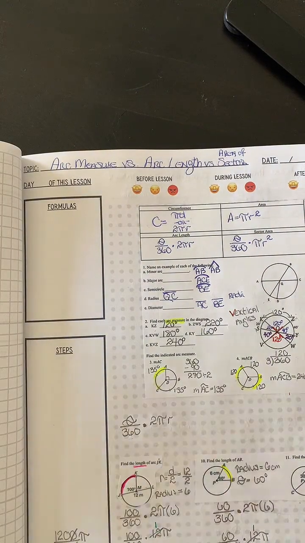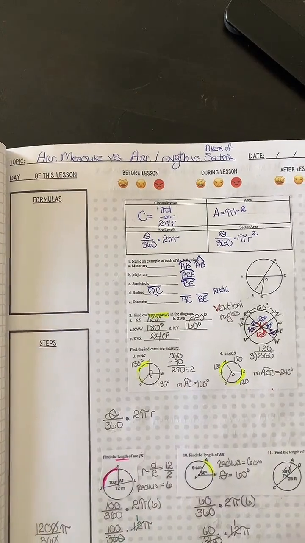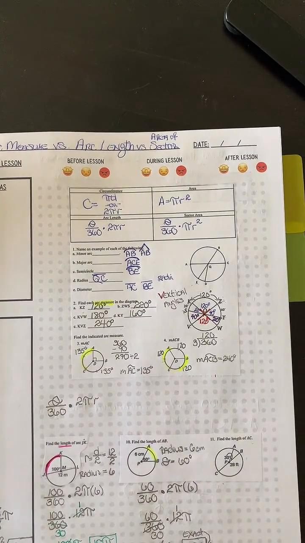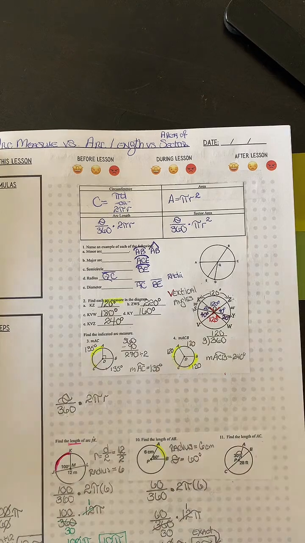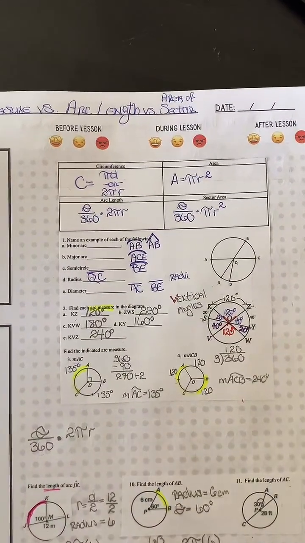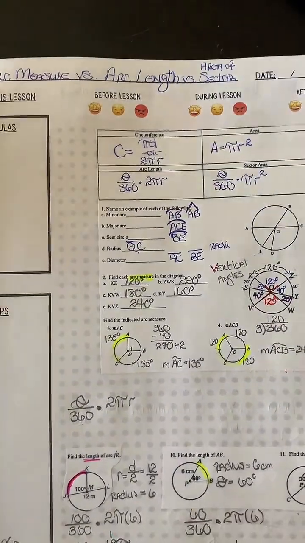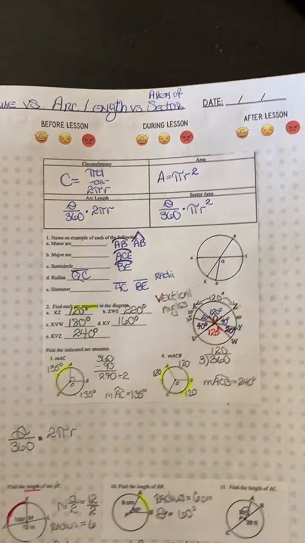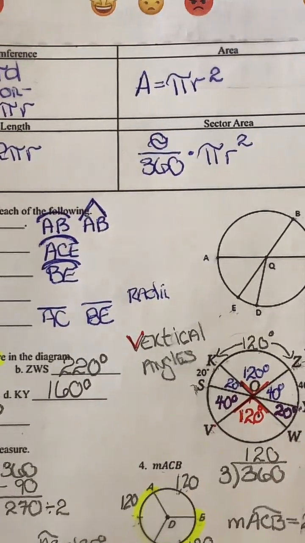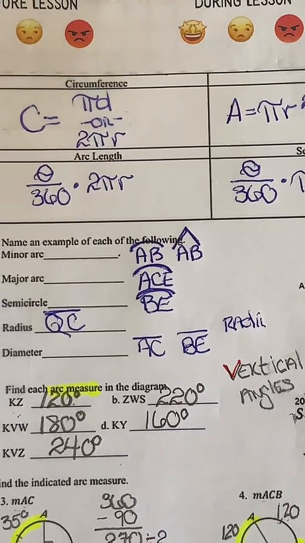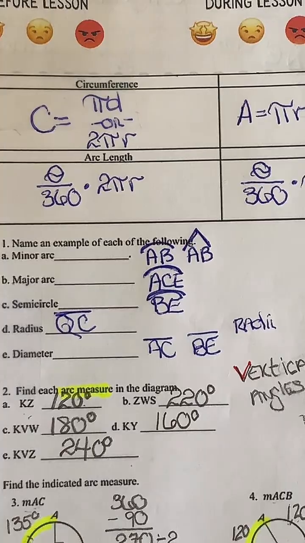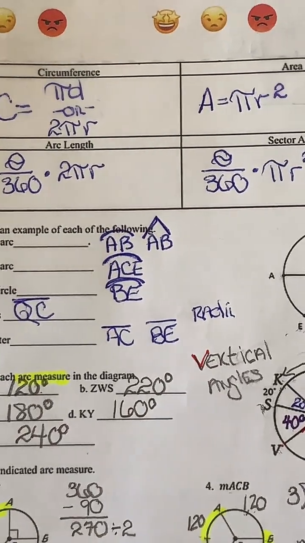All right, so I'm actually going to do a quick review, and then I'm going to continue on with what I was working on last night. Last night, I was really honing in on the difference between arc measure and arc length.